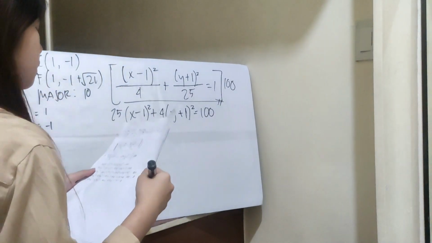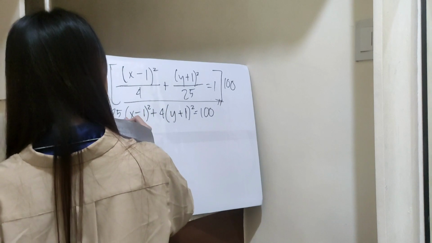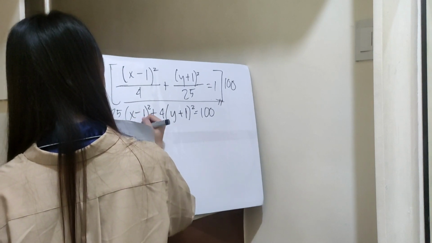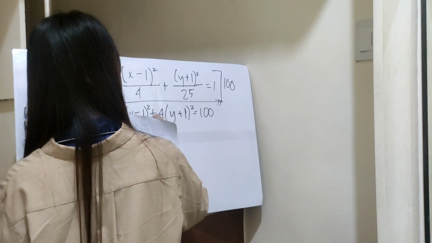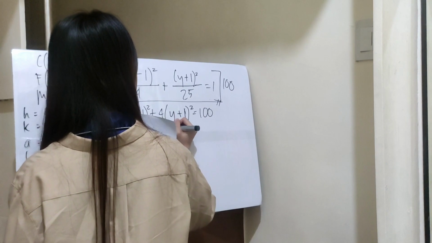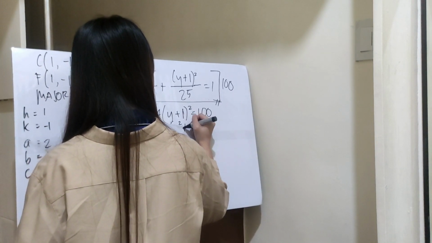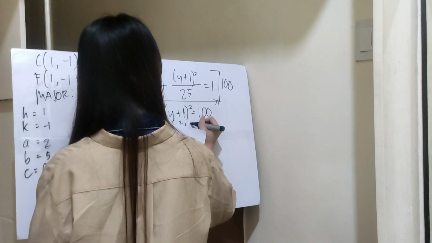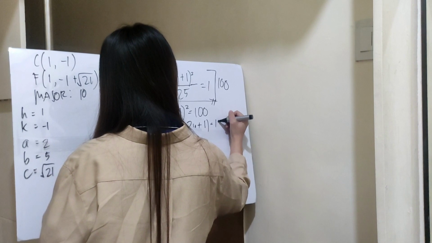And then next, we'll expand this, which will be 25 times (x squared minus 2x plus 1) plus 4 times (y squared plus 2y plus 1) equals 100.